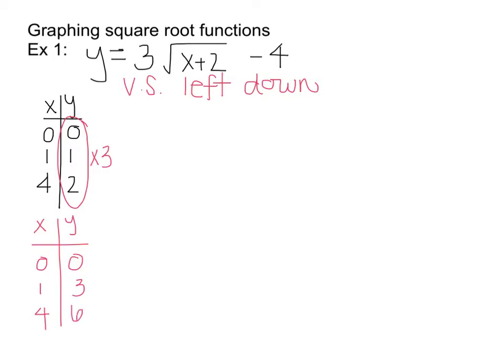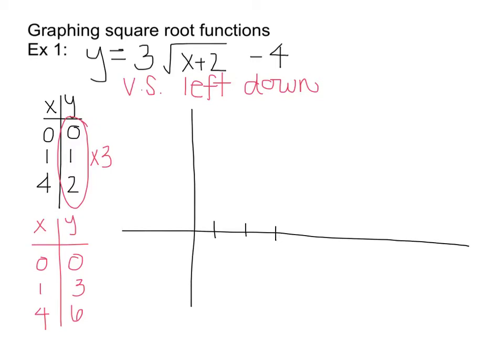So I'm going to start by graphing those points. So I graph 0, 0, 1, 3, and then 4, 6. So my graph looks like this.